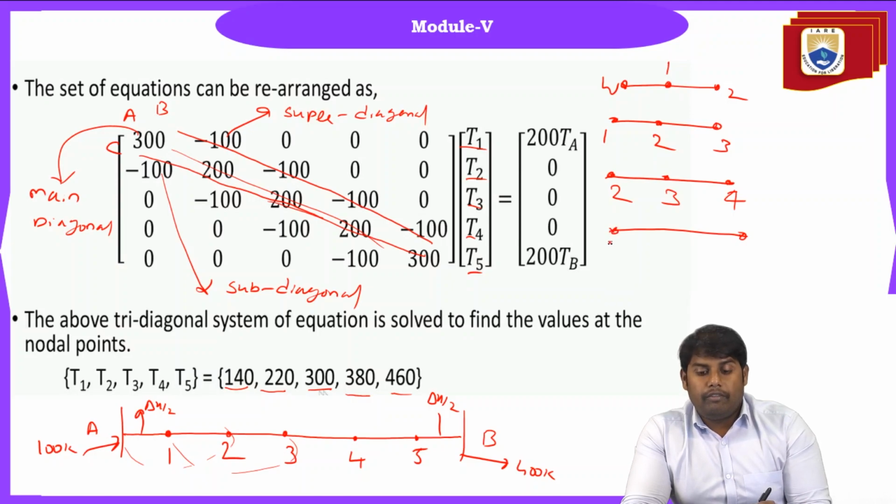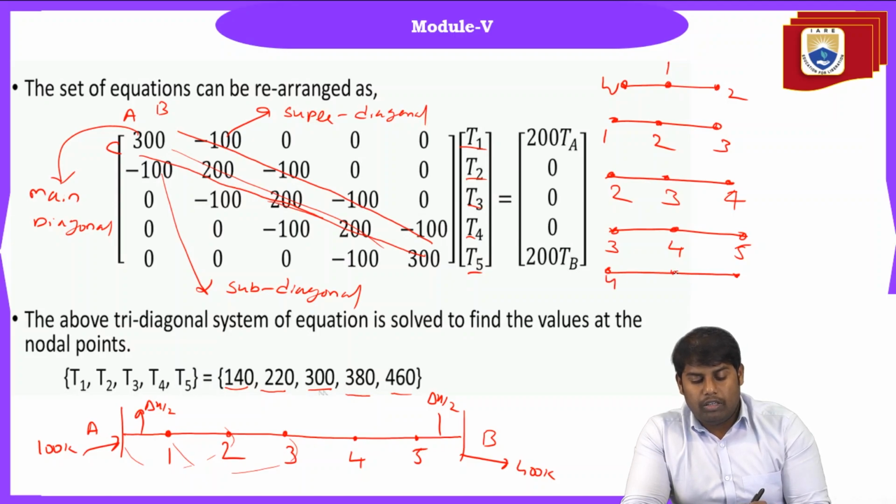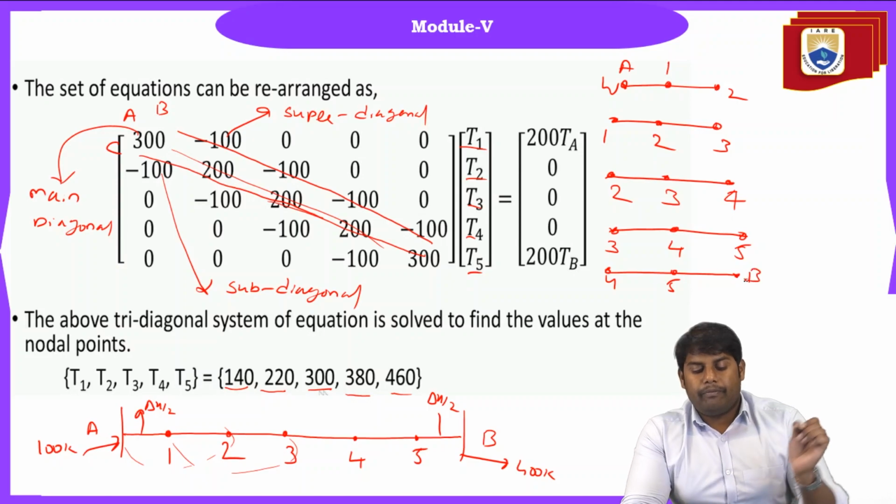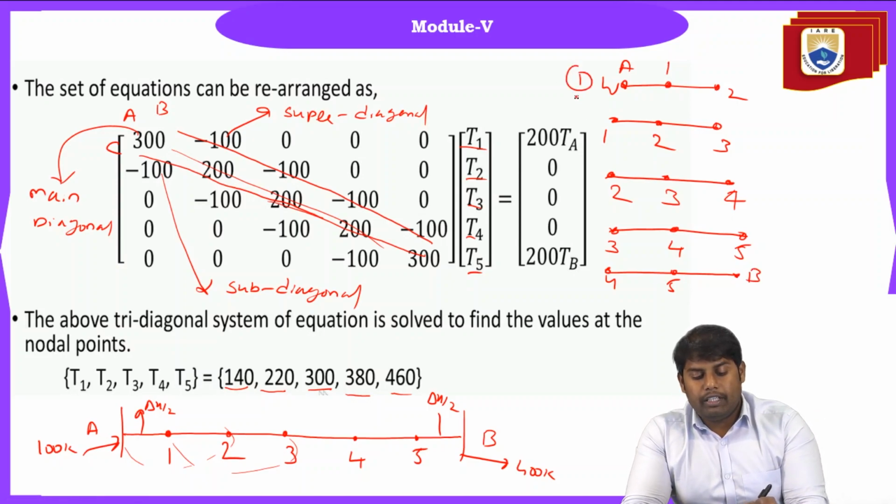Next we have the fourth element and the fifth element, so we have 4 and 5. So this is A and this is B. You can see this is the first element, second element, third element, fourth element, fifth element.